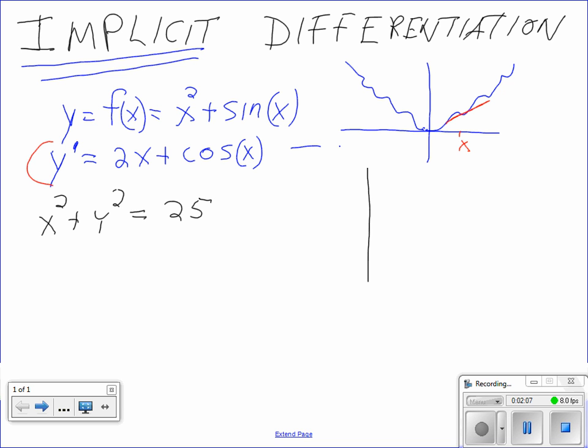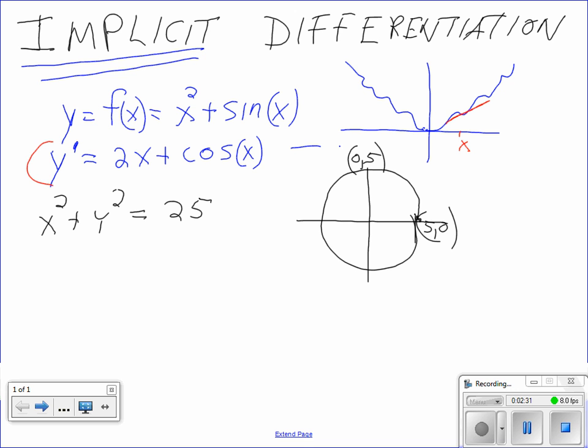Okay, let me draw that. It's a circle of radius 5. See how good I am at drawing a circle. Oops, didn't connect that very well. It's kind of like how I putt. This is 5, 0, right? This is 0, 5. And here we've got a circle.